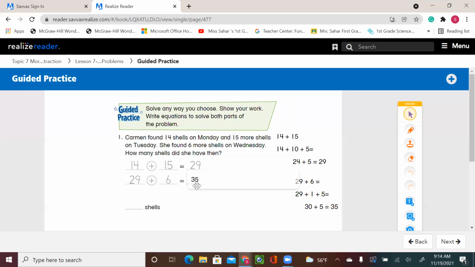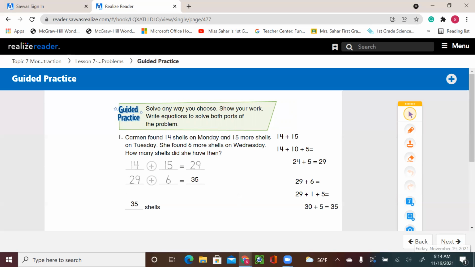And I'm going to write it again. So as you see, this is two parts of my equation. I need to do the first part first in order to do the second one. I used break apart, or I classified or grouped the tens and the ones, to help me do my addition.